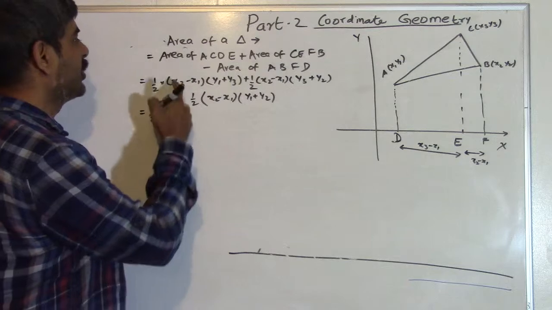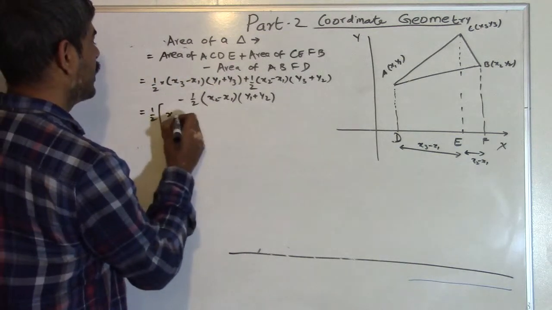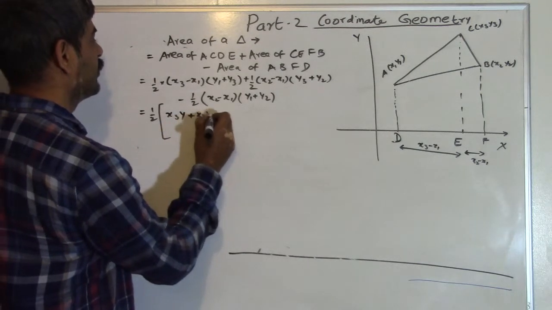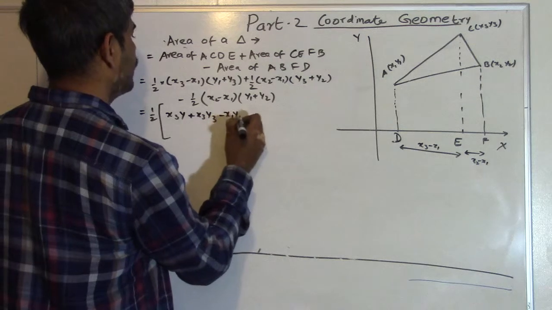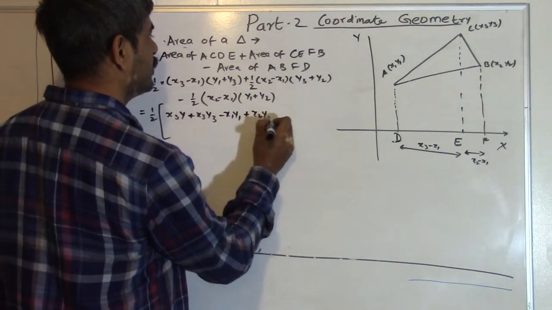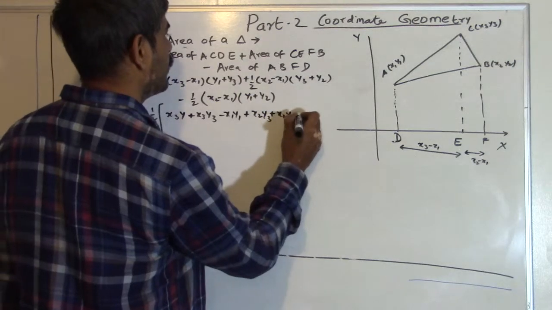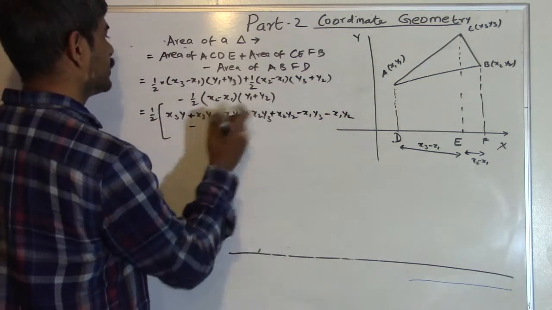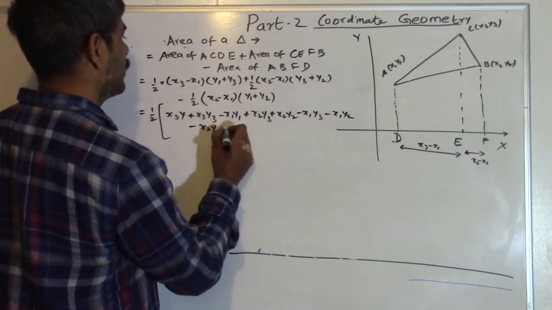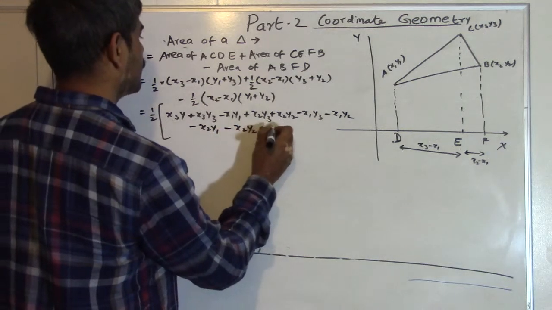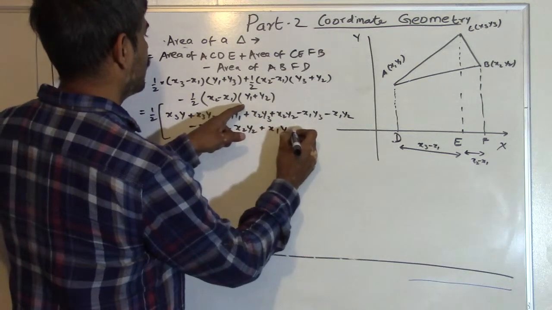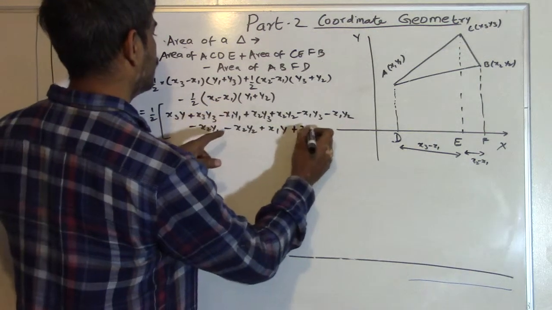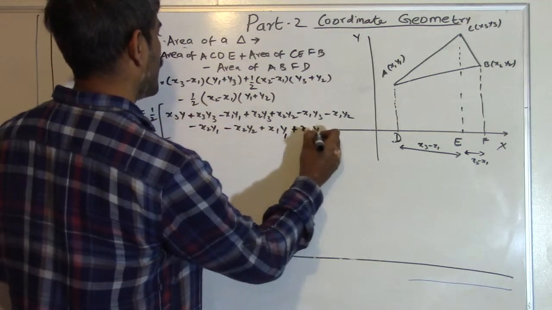We take the half common and then expand all the terms: x3 y1 plus x3 y3 minus x1 y1 plus x2 y3 plus x2 y2 minus x1 y3 minus x1 y2 minus x2 y1 minus x2 y2 plus x1 y1 plus x1 y2.